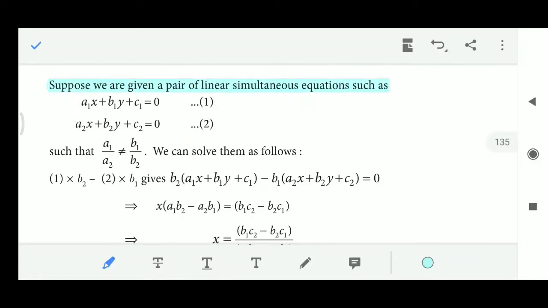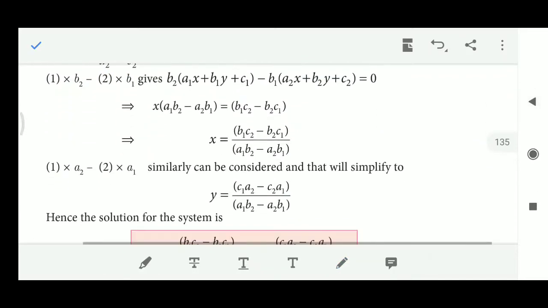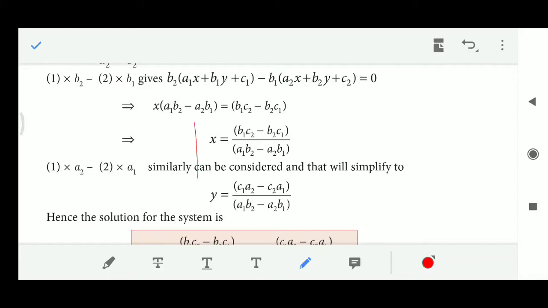Suppose we are given a pair of linear simultaneous equations such as a1x + b1y + c1 = 0 and a2x + b2y + c2 = 0, with the condition a1/a2 ≠ b1/b2. We get the value of x as (b1c2 - b2c1) divided by (a1b2 - a2b1).